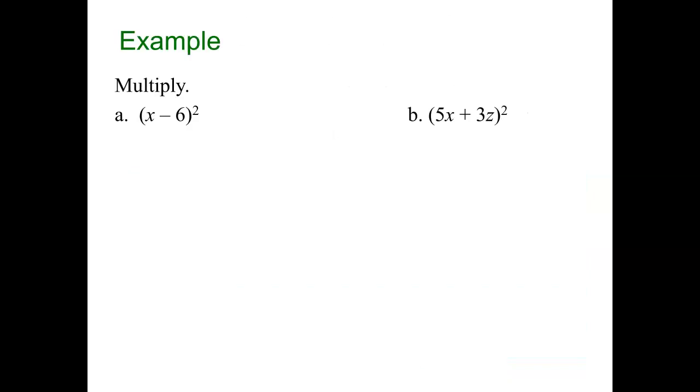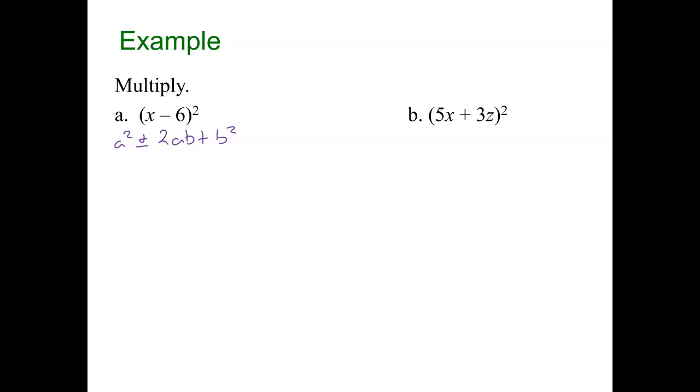So if you want to do that shortcut with the binomial squared, remember that it's a squared, either plus or minus 2ab, plus b squared. What is a in that binomial? What is our value for a? X. What's x squared? We square x, we get x squared.